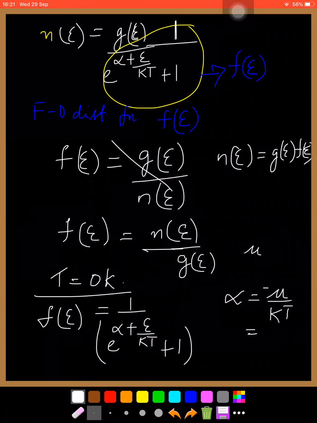Mu is the chemical potential, and the chemical potential of the electrons is defined as the Fermi level at 0 Kelvin.